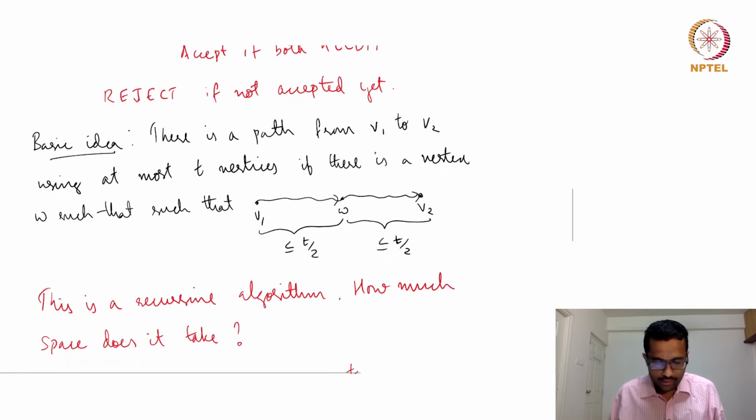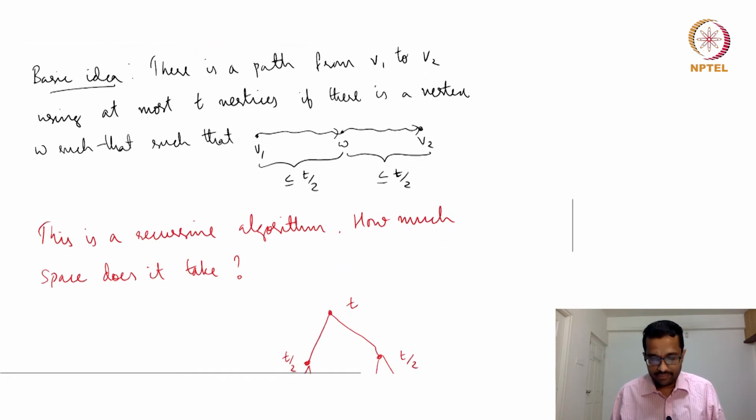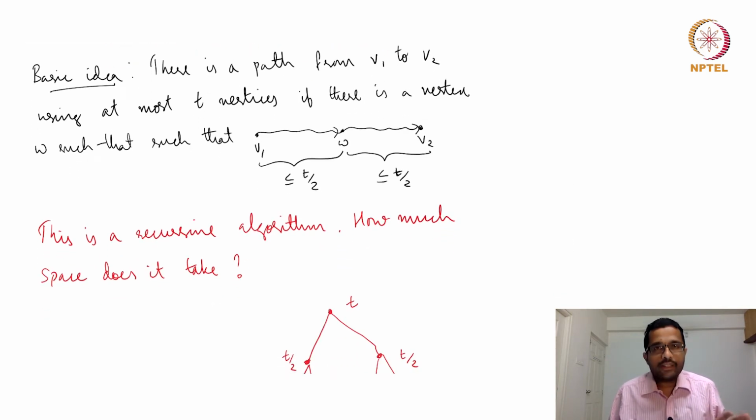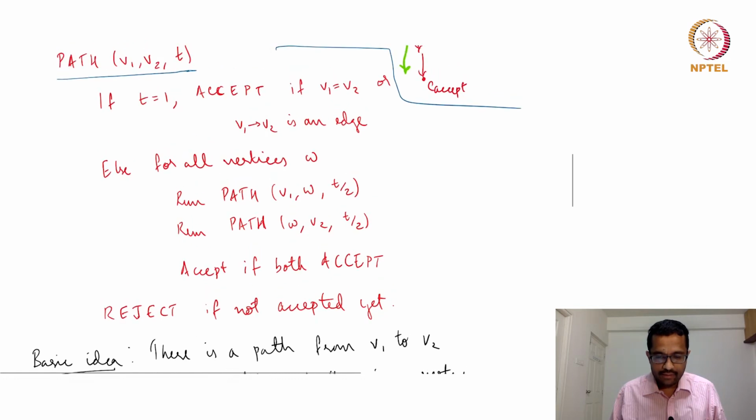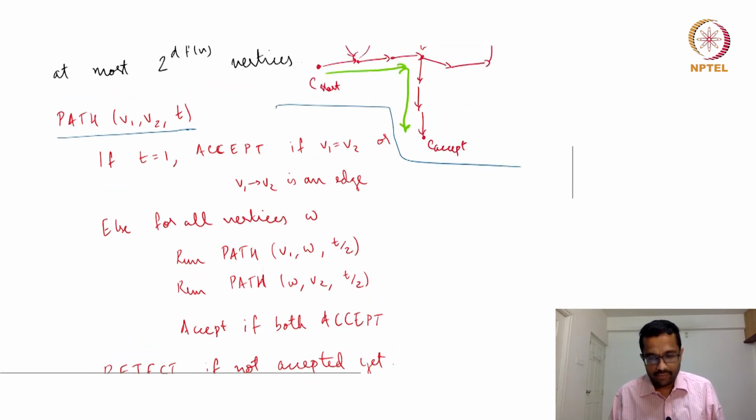Again, there is a path from v1 to v2 using at most t steps if there is a midpoint vertex w such that v1 to w takes at most t by 2 steps and w to v2 takes at most t by 2 steps. Now all that remains is to show the analysis, to show that this recursive function call uses at most order f(n) squared space, right?